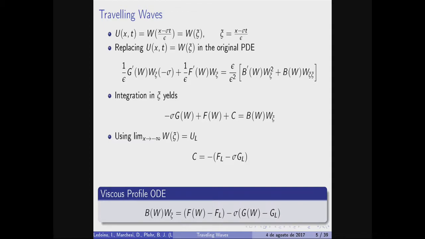Using this condition, we can get to this final formula, and we are now interested in solving this system of ODEs. Here we have a fixed left state, UL, and FL is the flux function evaluated at the left state, and GL is the accumulation function evaluated at the left state too.